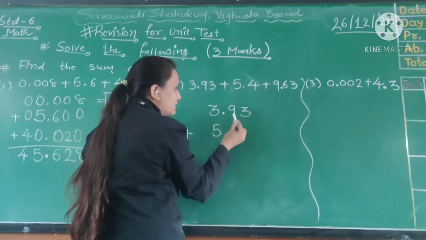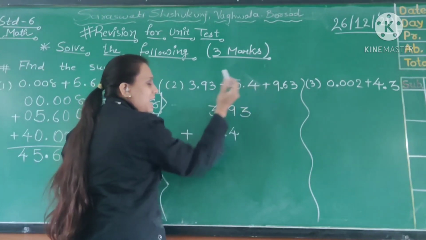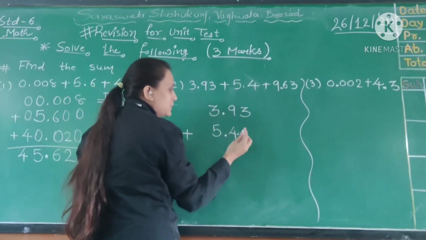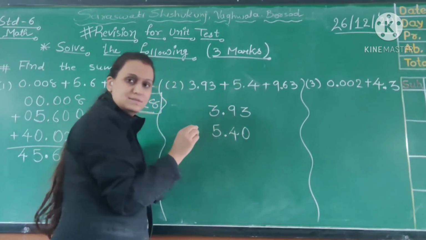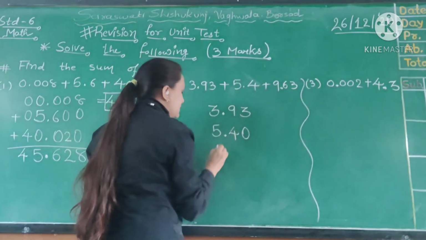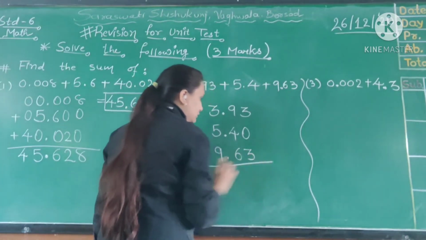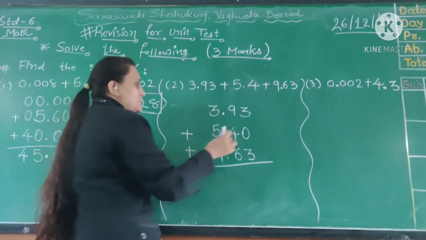Here you can see that this is the tenth place and this is the hundredth place, but in the second number the hundredth place is not given, so we have to keep 0. Then plus 9.63. Now let us start the addition.